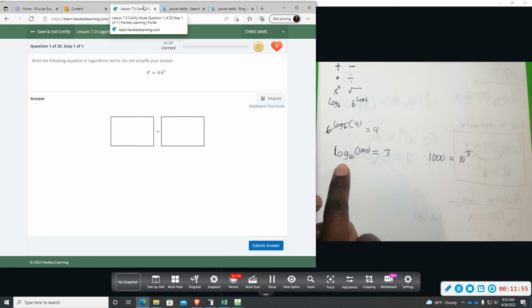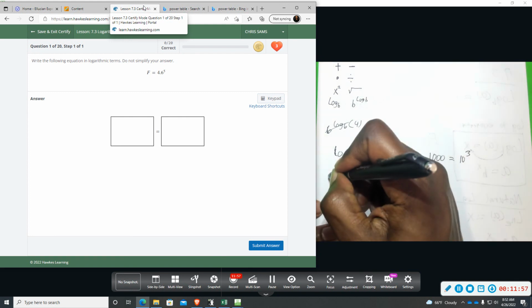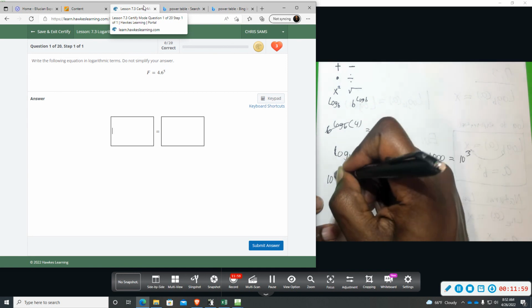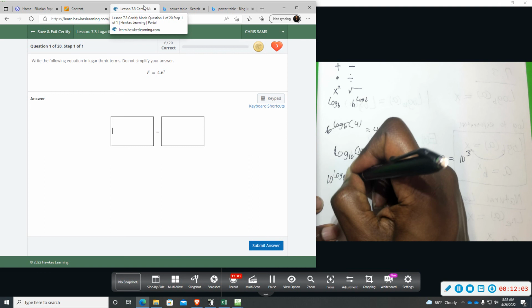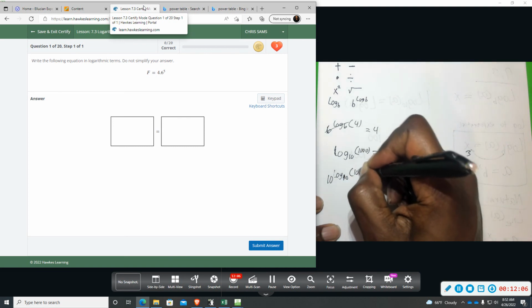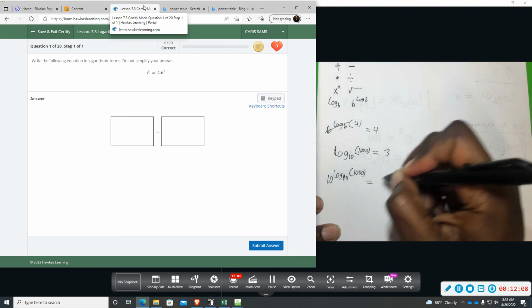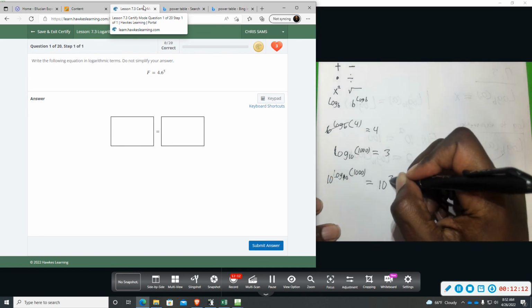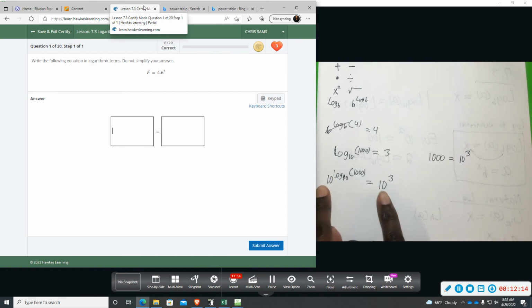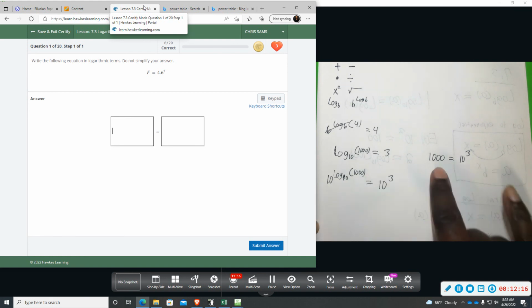Well, think about raising both sides to the base of 10 power. So I write 10 to the log base 10, evaluated at 1,000. And over here, I would do the same thing to this side, so I give it a base of 10 as well.